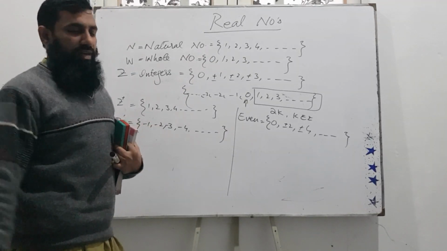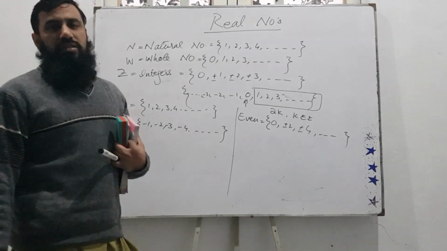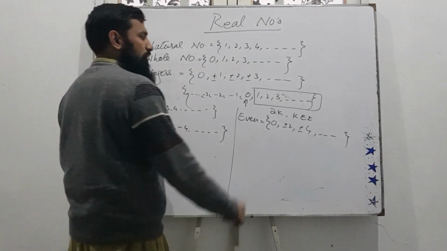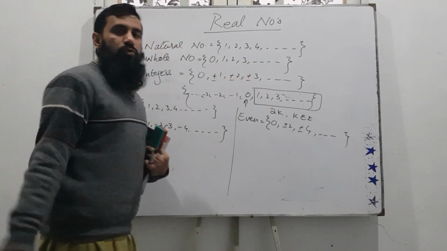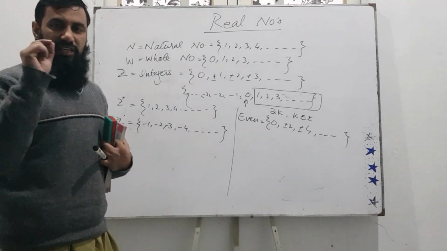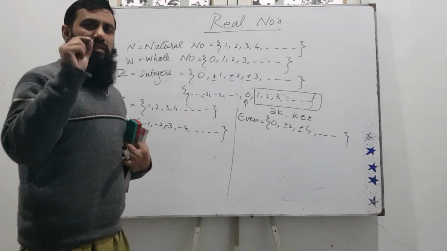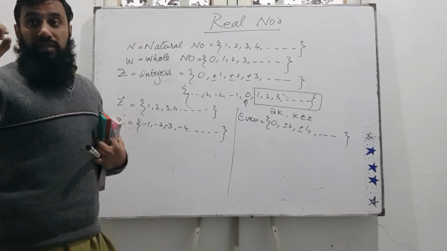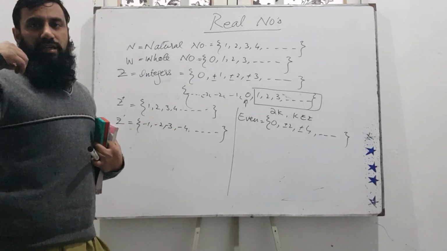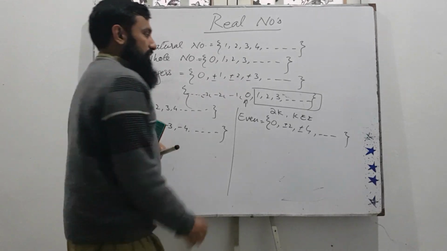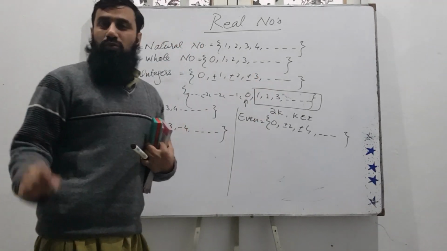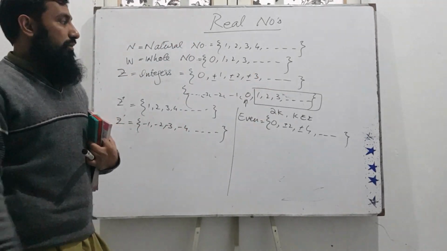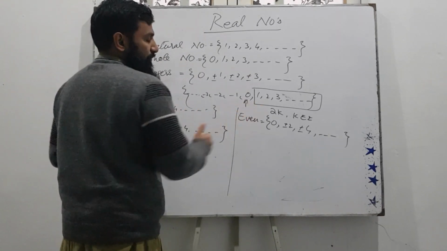So 0 is also an even number. But in higher classes teachers will tell you that all those numbers which can be written in the form of 2k, where k belongs to integers, that is, if I put the values of integers in place of k, the set which is obtained by the formula 2k will be the set of even numbers.